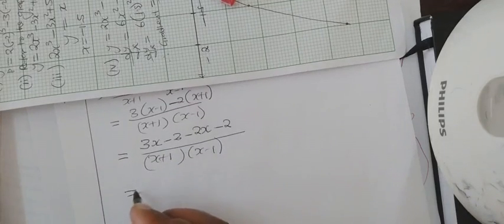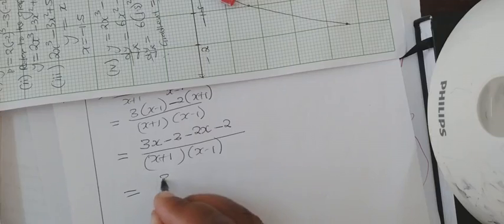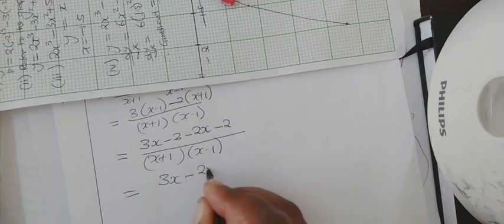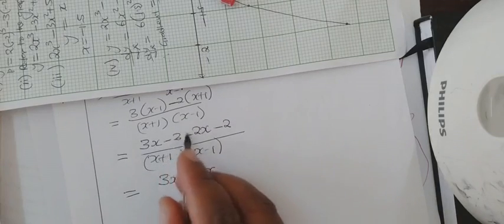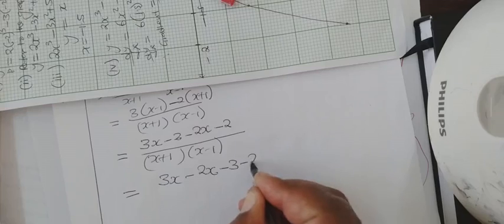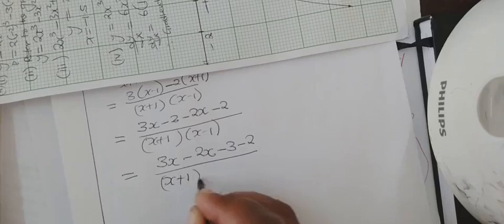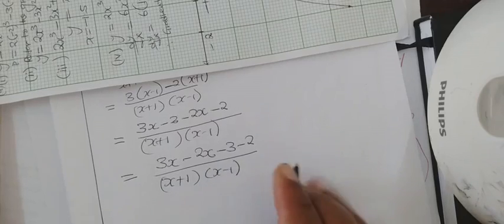So this is equal to, we group the like terms. This has x and that has x, so 3x minus 2x. This is just a number and this is also a number, so negative 3 minus 2. Look, the signs have not changed because there is no equal sign in between. So x plus 1, x minus 1.